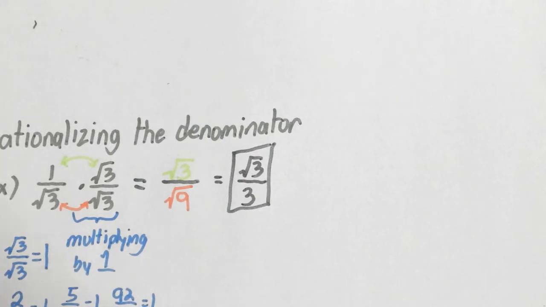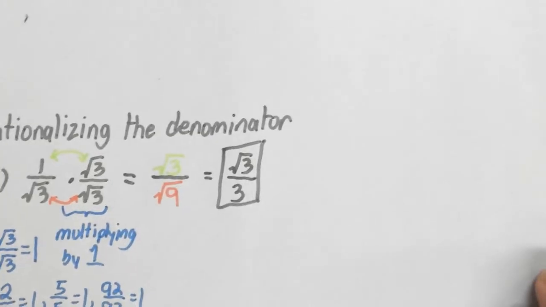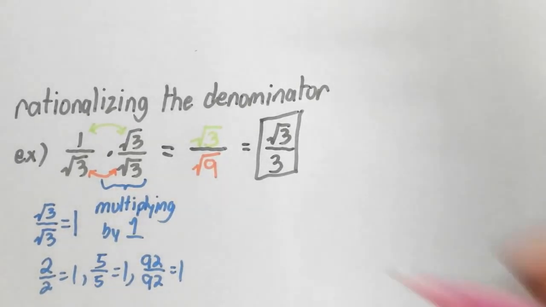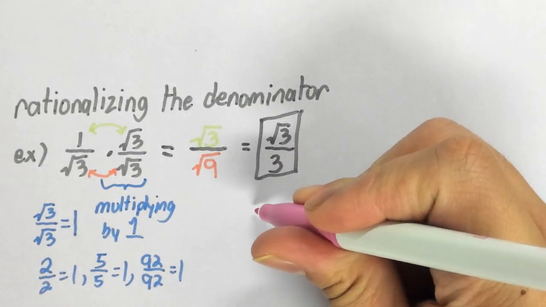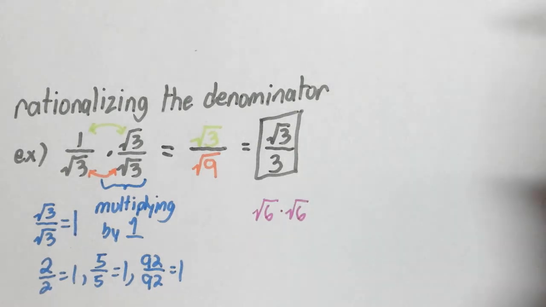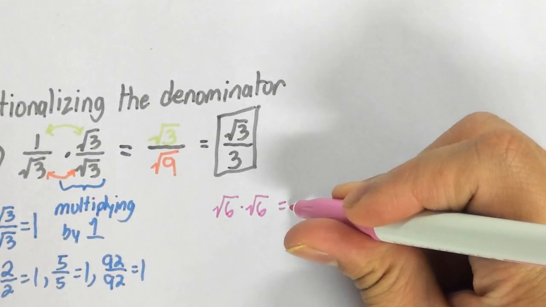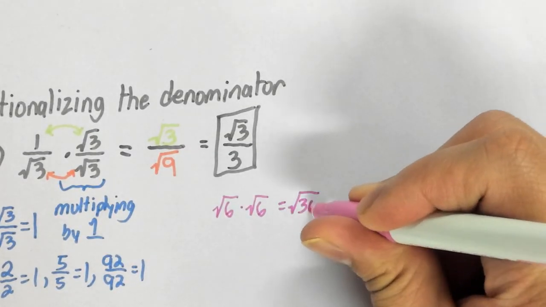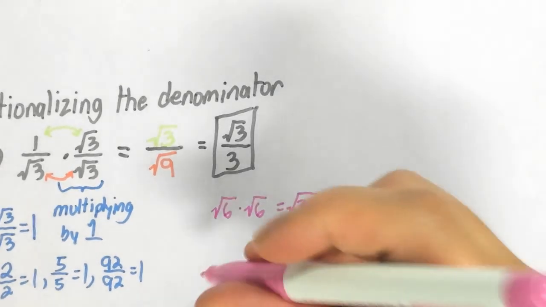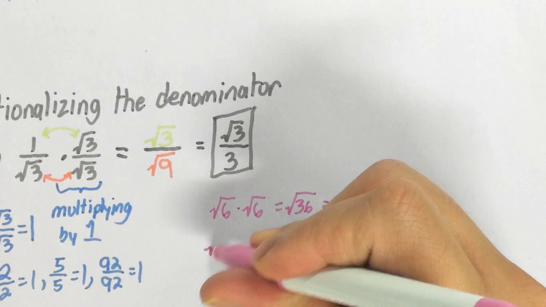One last note to the side here, because this will be very helpful when rationalizing denominators. Square root 6 times square root 6 gets me square root of 6 times 6, 36, which we can take the square root of, and it's 6. I'm picking random numbers here.